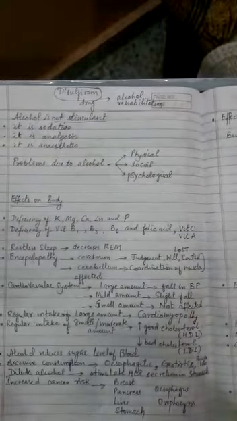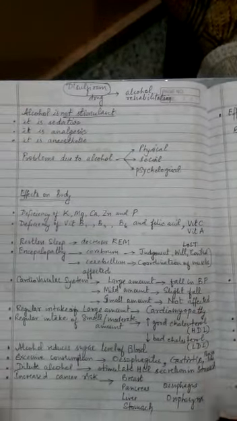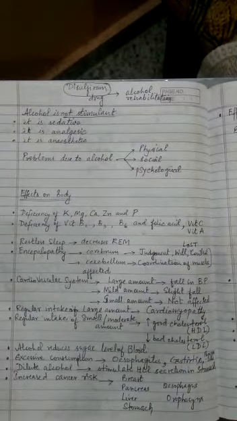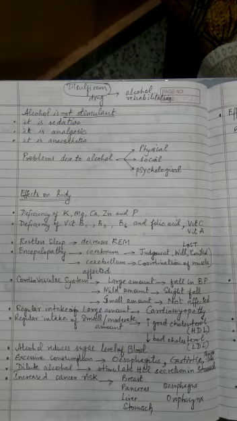Now alcohol, we need to remember, is never a stimulant. We understood in the last class that it is a sedative, analgesic as well as an anesthetic drug. The problem with alcohol is that it causes physical problems for the person who is an alcoholic. It causes problems of the social background also, as well as psychological problems in the family.